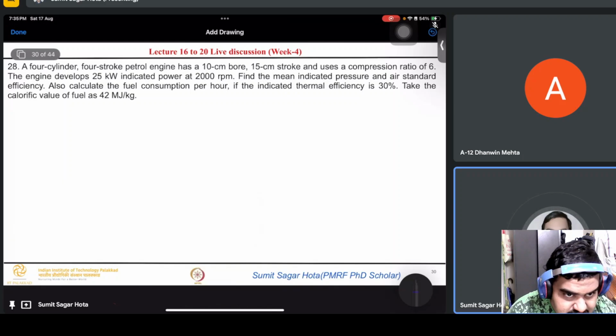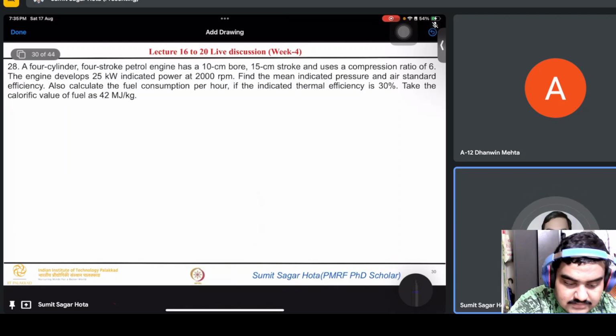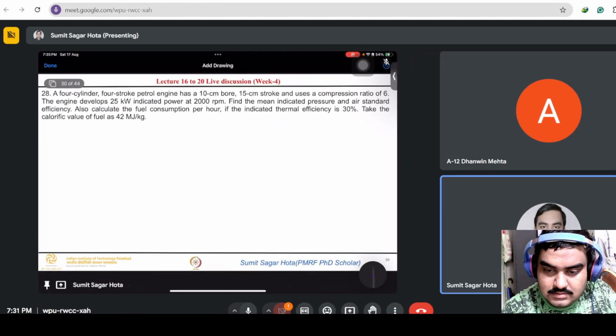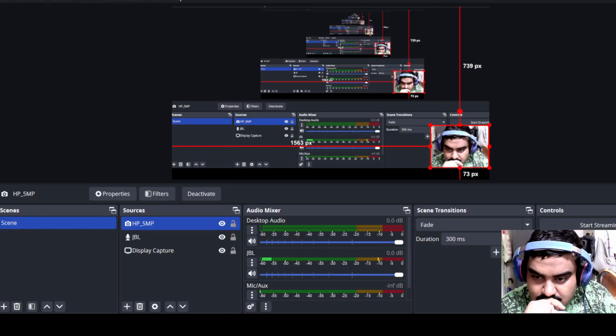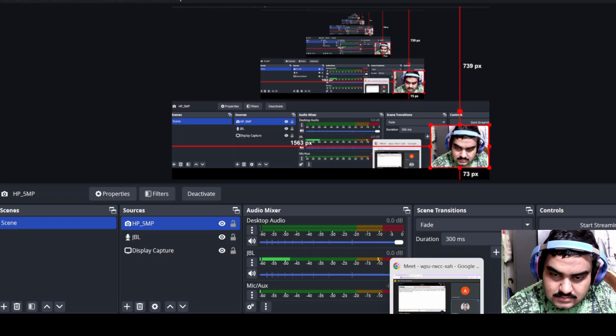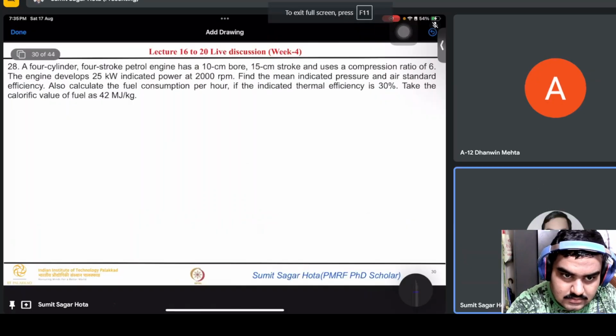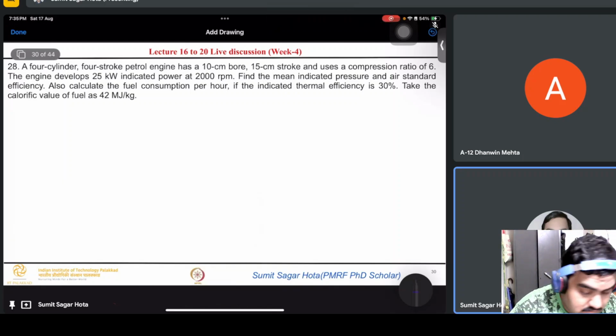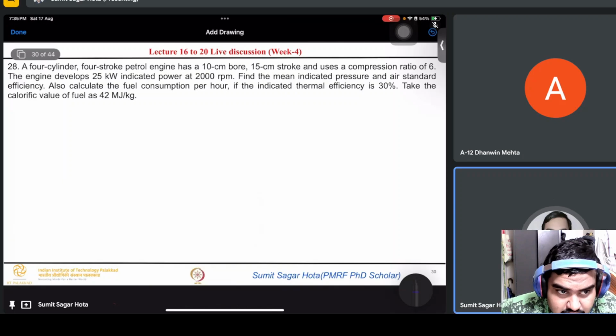So next question. A four-cylinder 4-stroke petrol engine has a 10 centimeter bore, 15 centimeter stroke, and uses a compression ratio of 6.